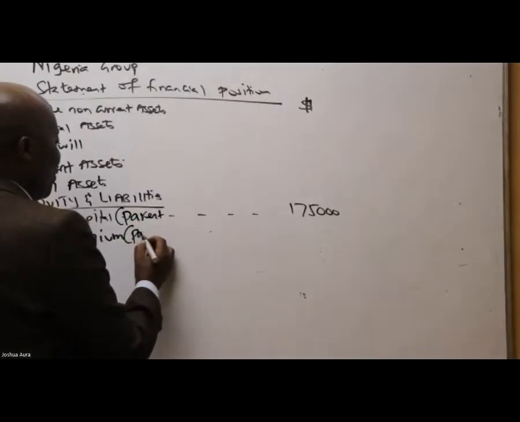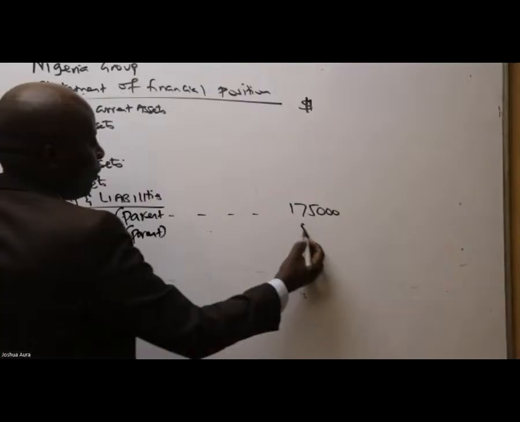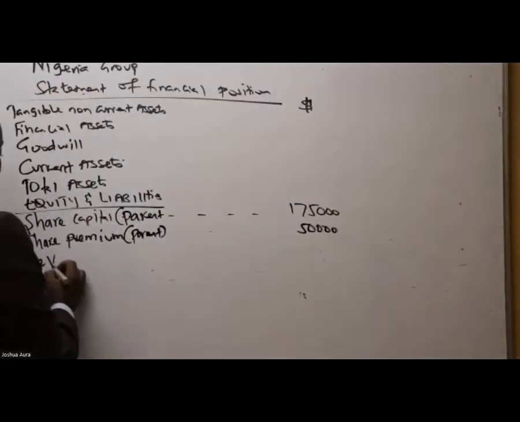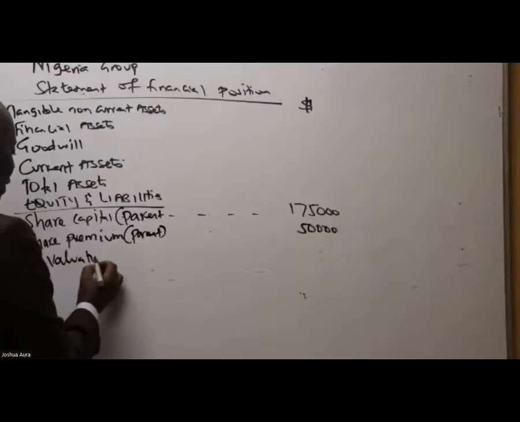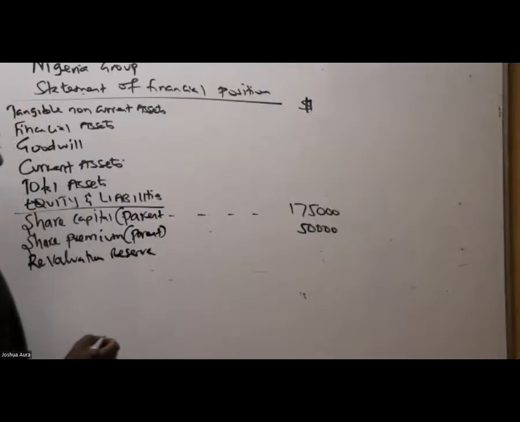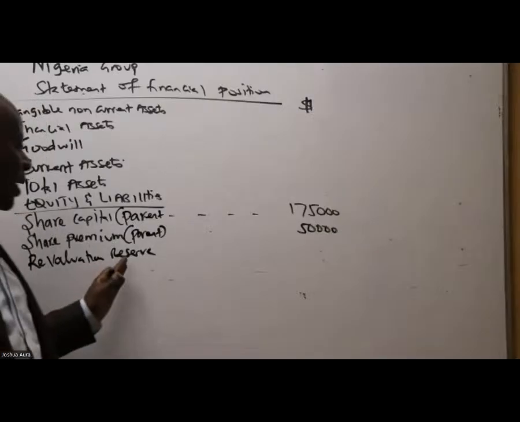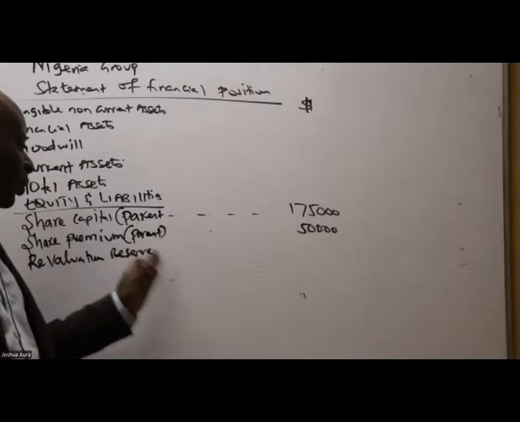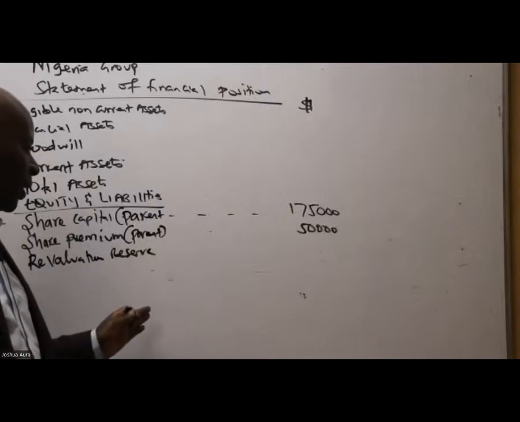Here as well, parent. Free marks really, 50,000. Now, revaluation reserve. If there will be any revaluations being done later on, then I will come to add the post-acquisition revaluation, right?